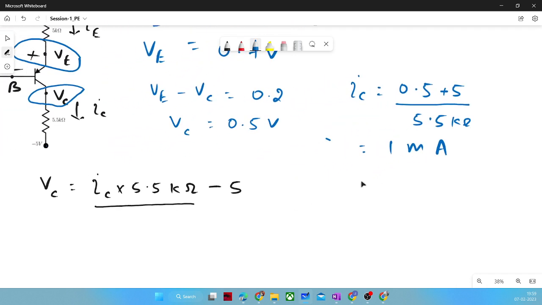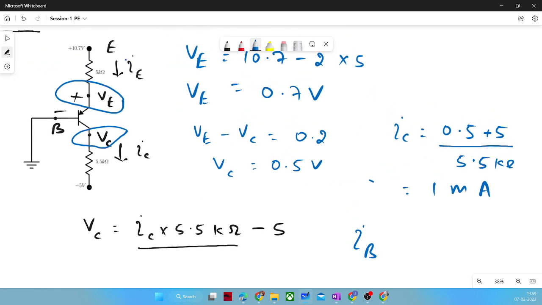So for IB, we will apply KCL at this node of the transistor. So IE minus IB equal to IC. This is the KCL equation at this terminal. IE is entering the node, IB will leave the node, and IC will again leave the node.